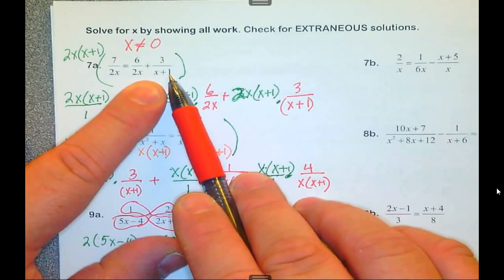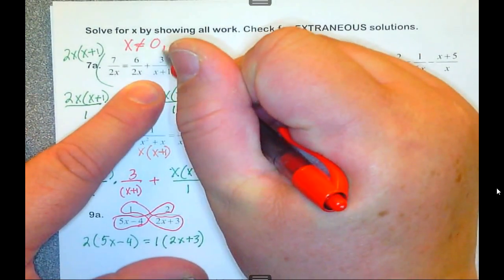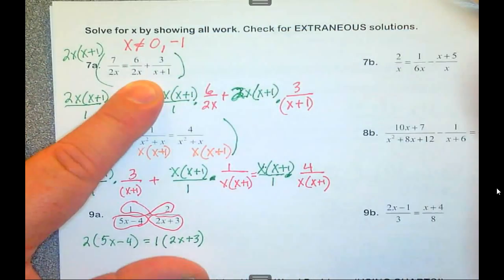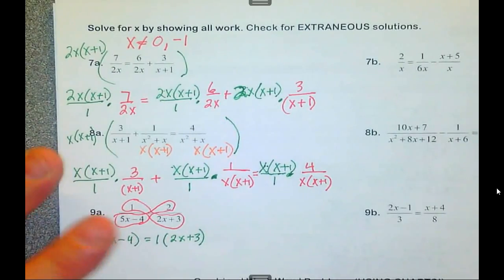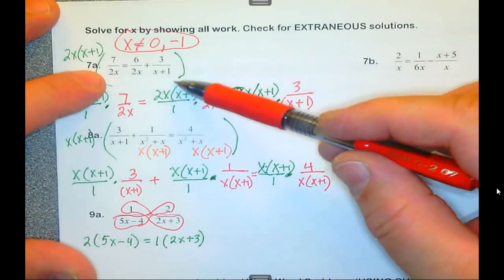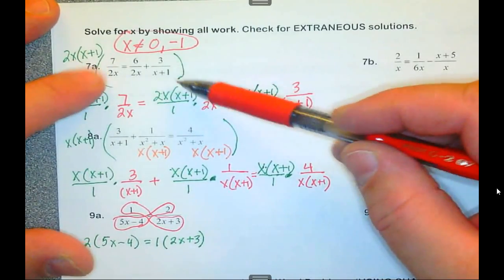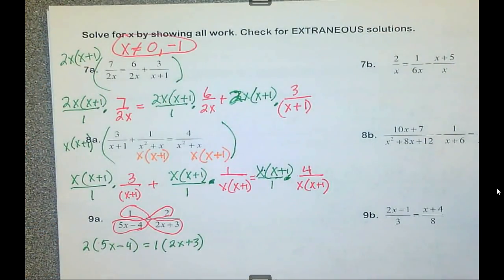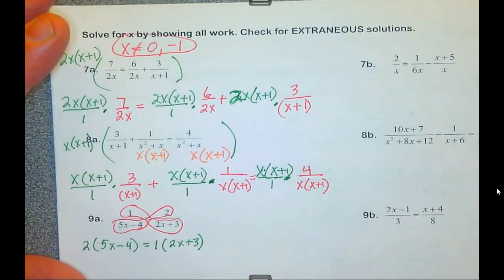What about this one? x cannot equal negative 1 because negative 1 plus 1 would be 0. So these are our excluded values. When we solve this, you get x equals a number. If it's 0 or negative 1, there's no solution to the problem.